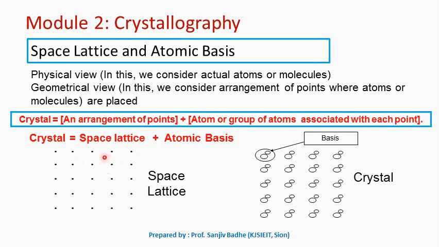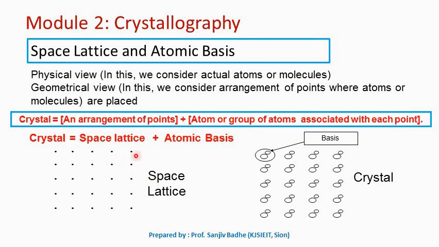In a geometrical view we can see only the arrangement of points, and these points can be joined together to get the geometrical pattern followed by the atoms. So to get an idea about the unit cell followed by this periodic arrangement of points, we can use this geometrical view. This arrangement of points is called the space lattice.